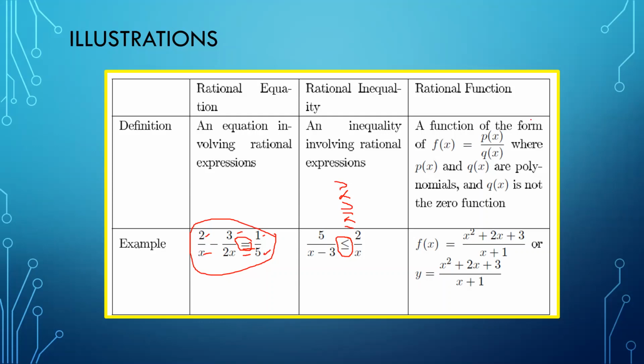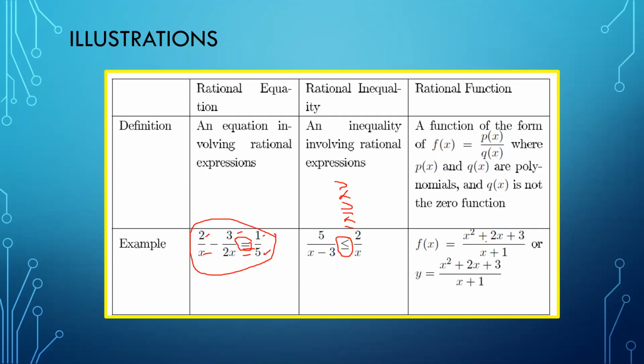The next we have is the rational function. The definition is a function of the form f of x equals p of x all over q of x, where p of x and q of x are polynomials, and q of x is not the zero function. So again, the denominator should not be equal to 0.